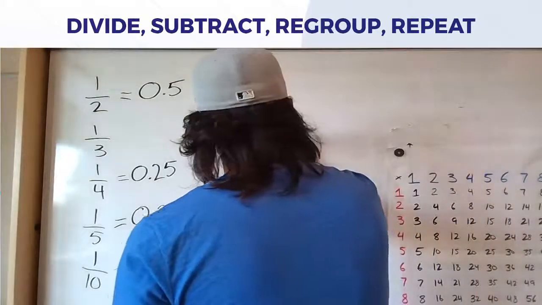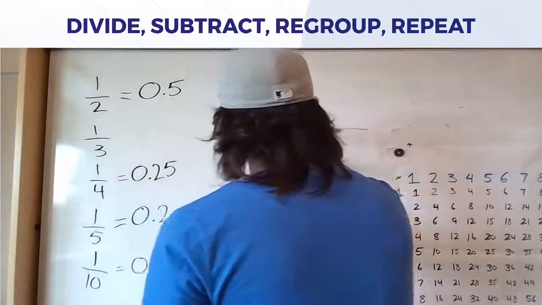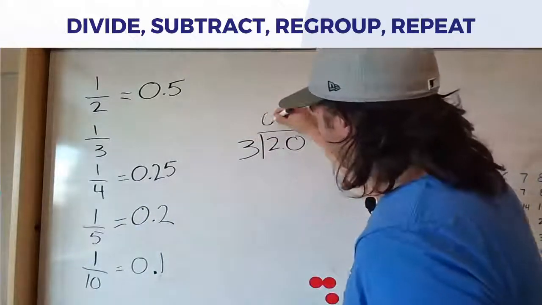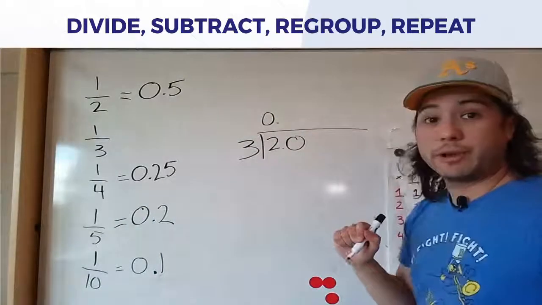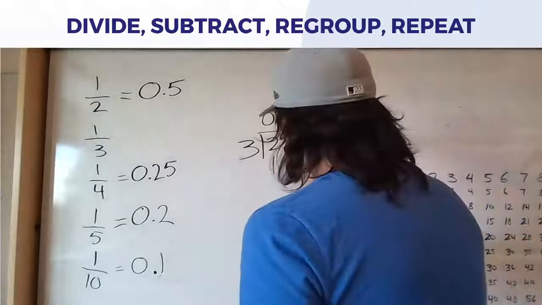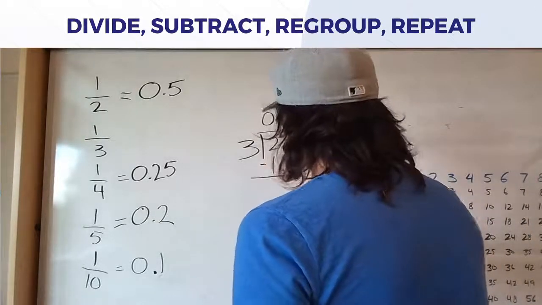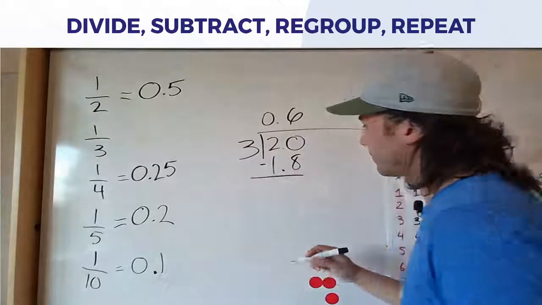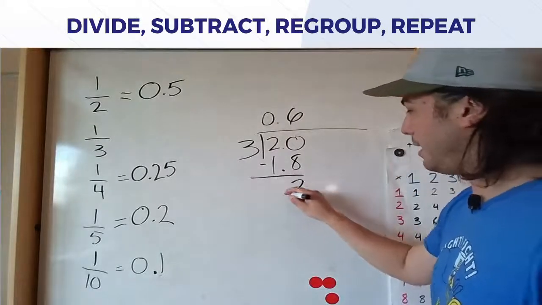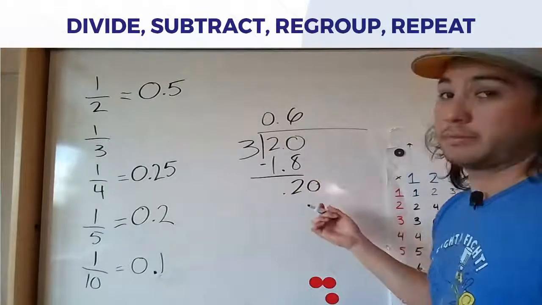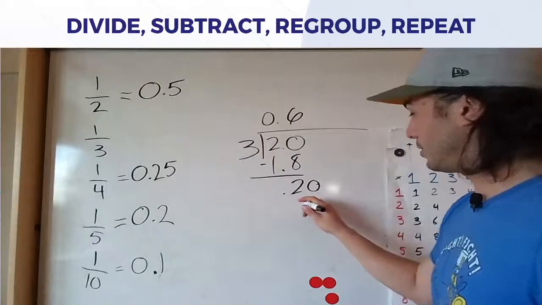If we have 2 divided by 3, we're going to get something similar. 0. 20 divided by 3 we can't do, but we can do 18 divided by 3, which is 6. And then we subtract, and we're left with 2. We add a 0 to regroup.